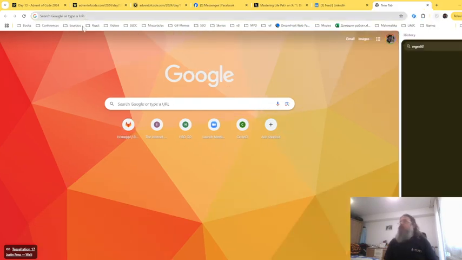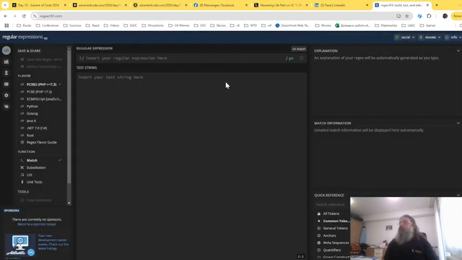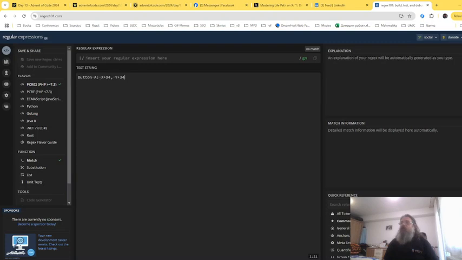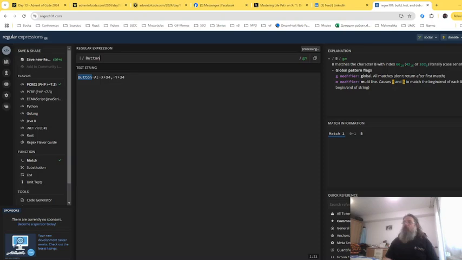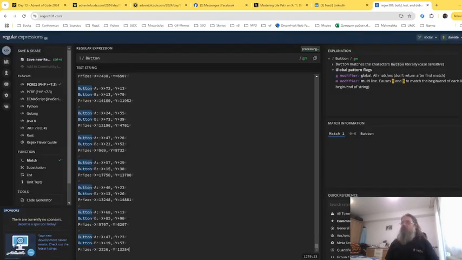As I've said multiple times, you never want to write a regex inside your code, you always paste it. So this is the value that we want to match. Let's take the whole input.